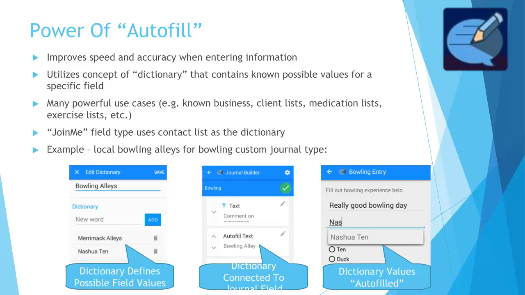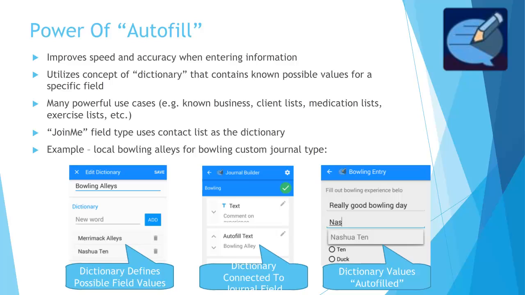There are many use cases for where a dictionary and autofill text field can be used. For example, if you're trying to keep track of medications you take, you could use the dictionary for medications. If you want to keep track of what you're doing at the gym, you could maintain a list of the common exercises that you do.